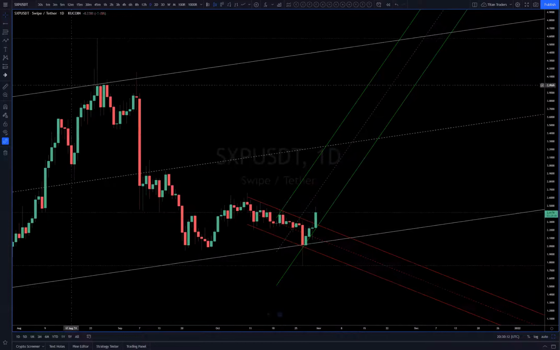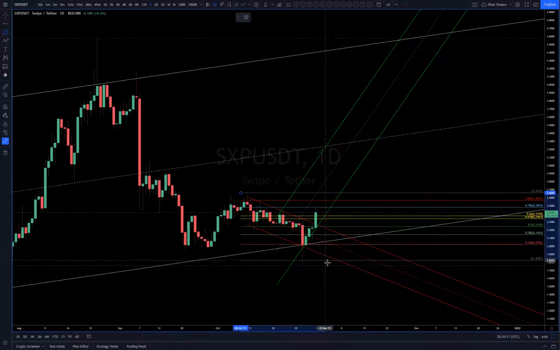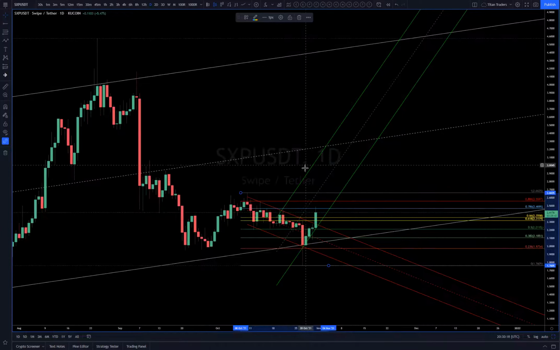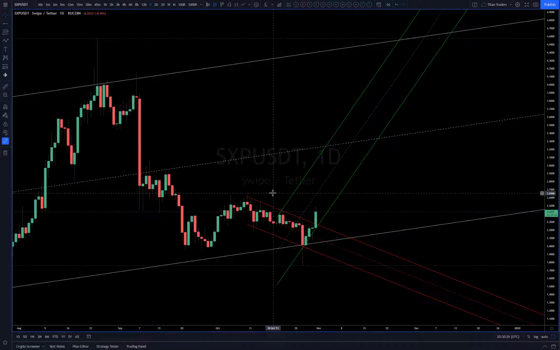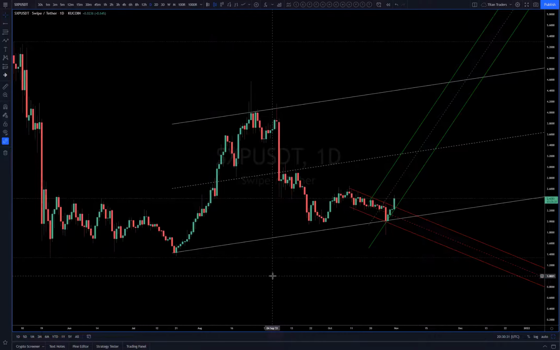But before I calculate that, what I really want to look at is obviously the fib level. Here you can see we smashed through the local 618, tested the 786. If we do carry on moving up, then I want to look at the bigger scale of things.